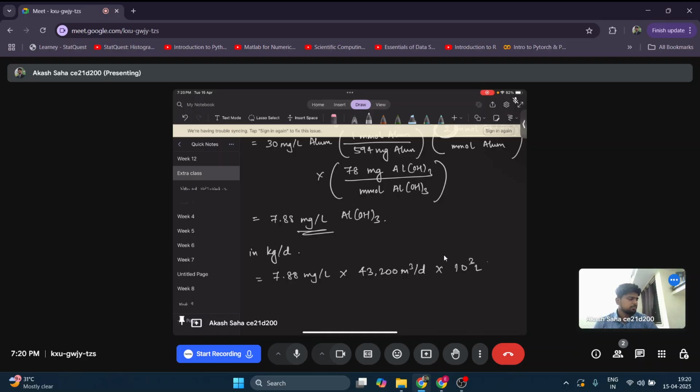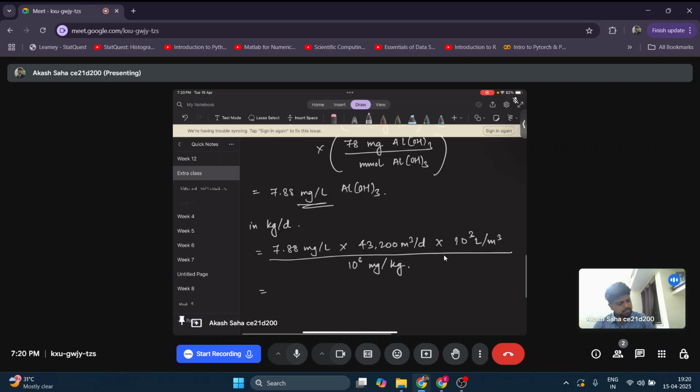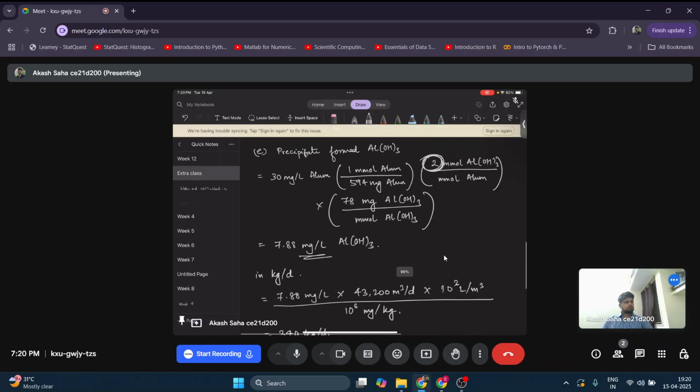I'll just change meter cube into liters and the milligram to kg. Okay, so it will get us 340 kg. Okay, so just make a note of it.